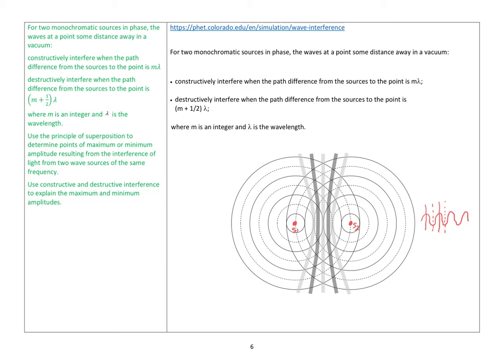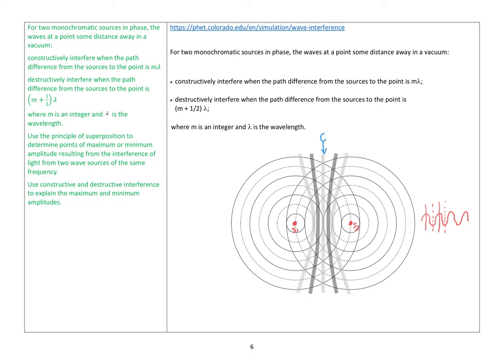And if we set this scenario up in a ripple tank, or in the PhET simulation, what you would see, if we looked down the middle, for lack of a better term, down this line here, is what we call constructive interference.